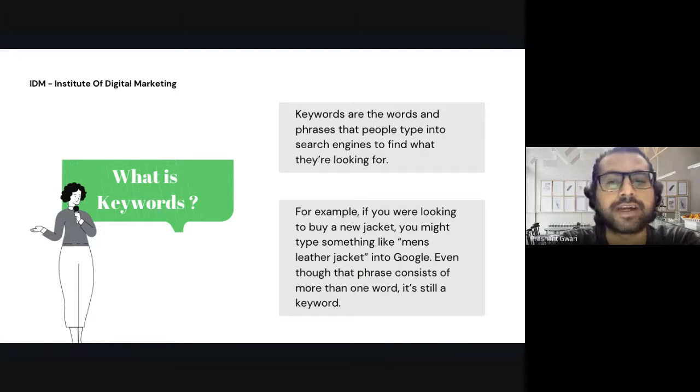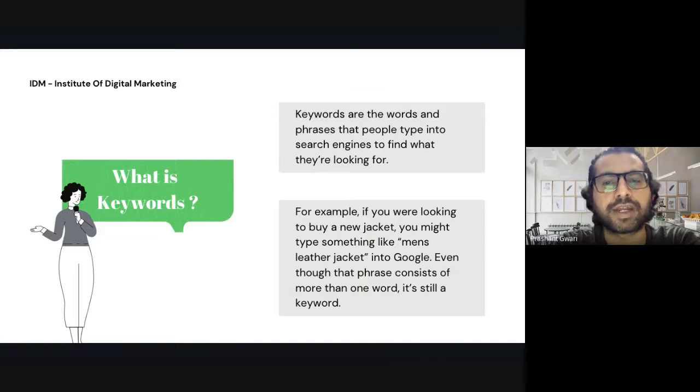So a keyword can be a single word, or it can also be a phrase. If you type, let's say, digital, it's also a keyword. Or if you type what is digital marketing, it's also a keyword. If you type where I can learn digital marketing, it's also a keyword. Where I can learn digital marketing has around 7 to 8 words, but we still call it a single keyword.